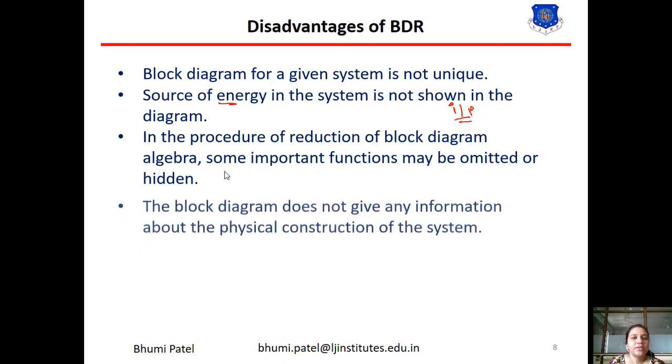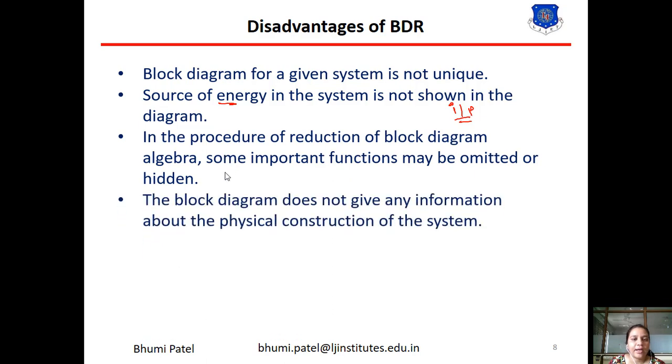So this is the disadvantage of the block diagram, and the next disadvantage is the block diagram does not give any information about physical construction of the system, because in the block diagram we can represent the process or the controller or the sensor in the name of the block G1, G2, H1. So we cannot identify the physical construction of this system.